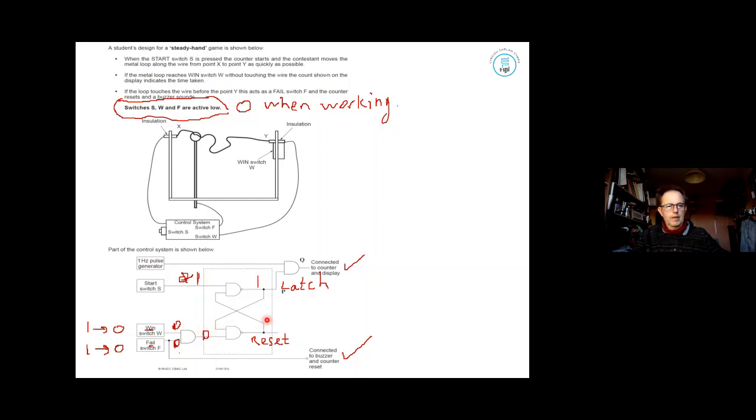Other questions they like asking with these types of things is, what happens if you have two 0s going in? Boom. Now it's not going to blow up, but you won't know what's going to come out of it. So you've got to have a 0 on one and a 1 on the other all the time in not S, not R latches in order to make them work.